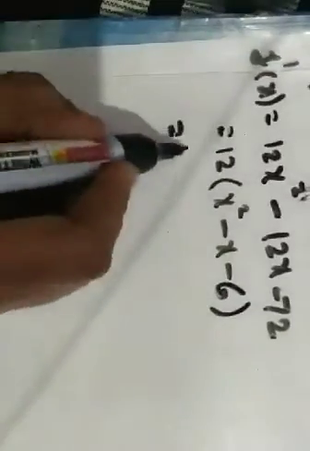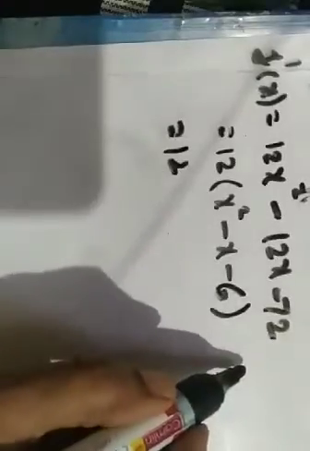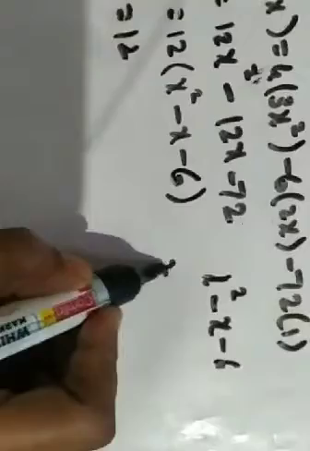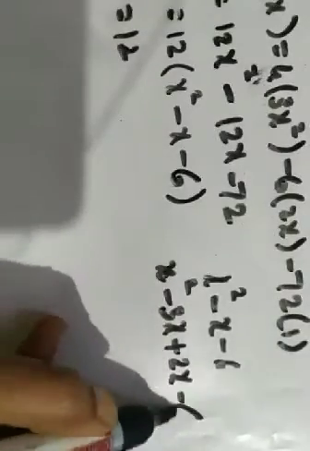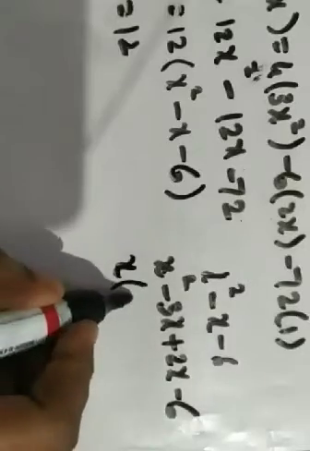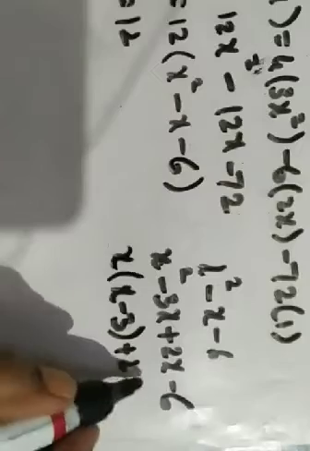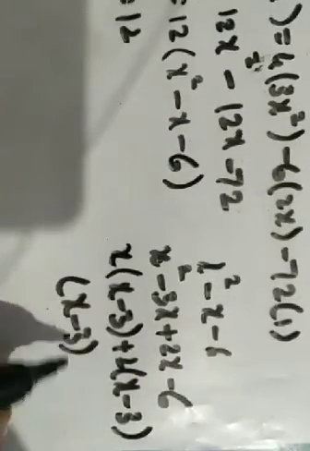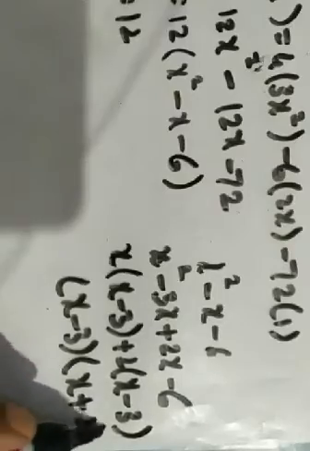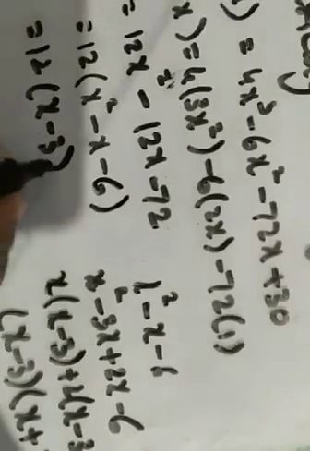If you find the factors for this, what are the factors? X square minus x minus 6, x square minus 3x plus 2x minus 6. Take out the x common, x minus 3 plus 2 common, x minus 3. So x minus 3 into x plus 2 are the factors.